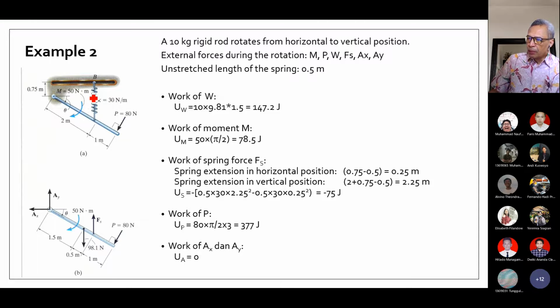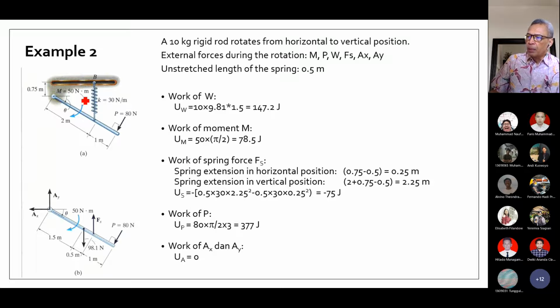Because the displacement is from this position to 1.5 meters below, and the direction of the weight is downward, the work done by the weight is mg, this is 10 kilograms multiplied with g multiplied with the displacement, half of 1.5 meters. So you obtain this value.